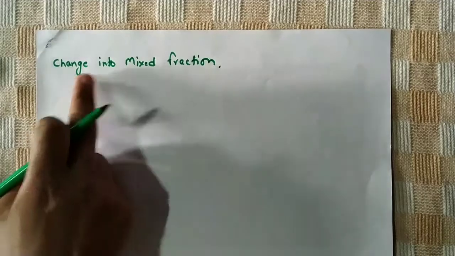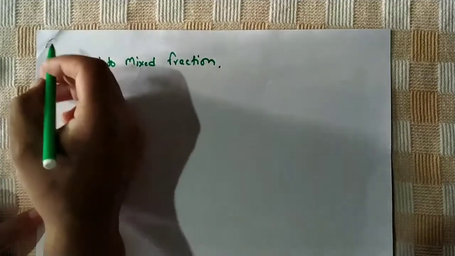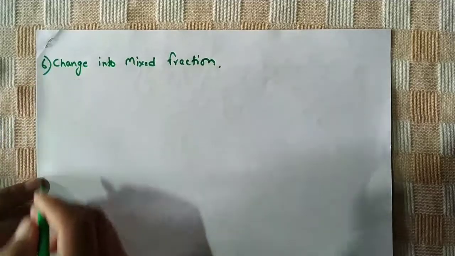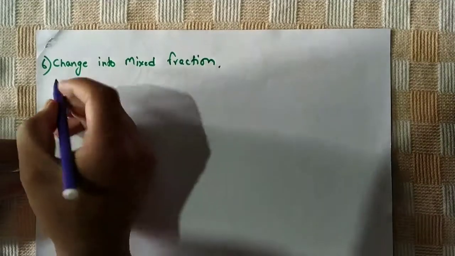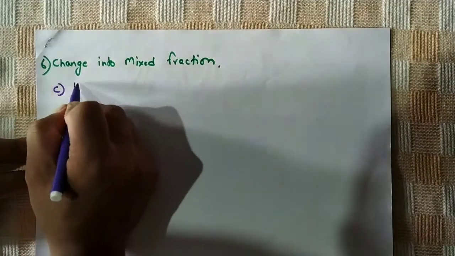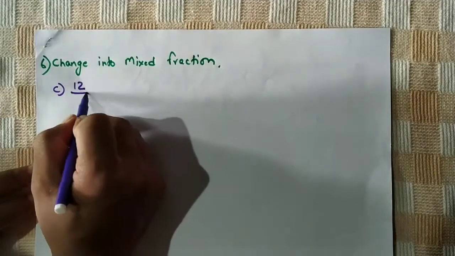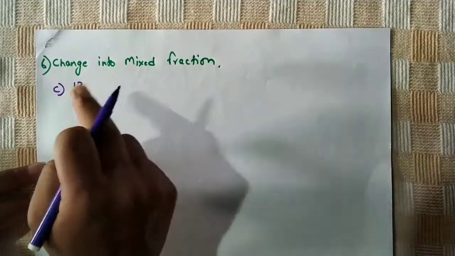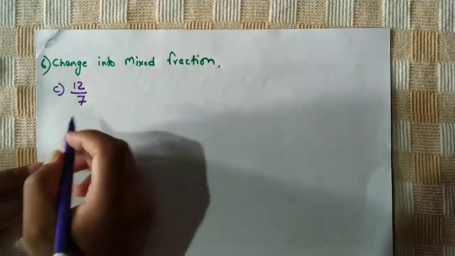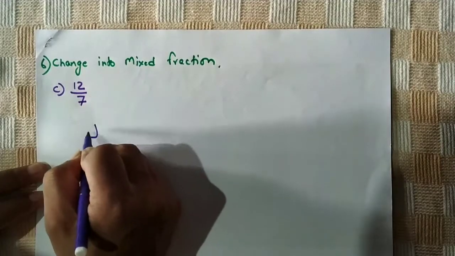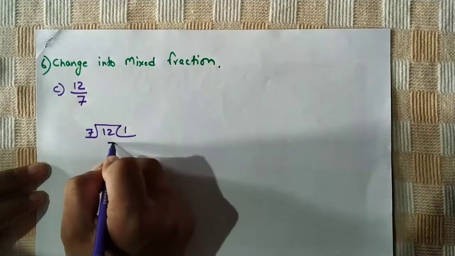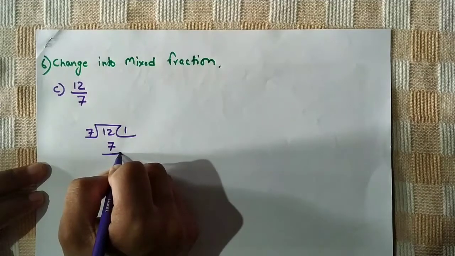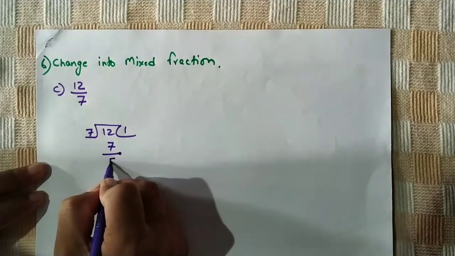Another topic is change into mixed fractions. Okay, this is number 6 of exercise 6a. Now let's take number C, that is 12 by 7. Over here you'll have to divide 12 by 7. Let's divide it over here only. 7 1 is 7 and 12 minus 7 is 5.